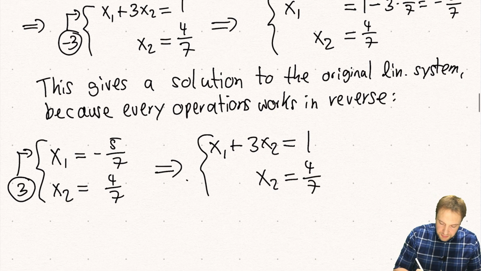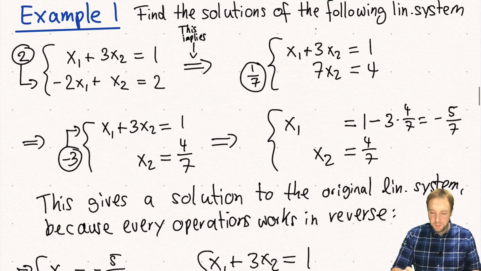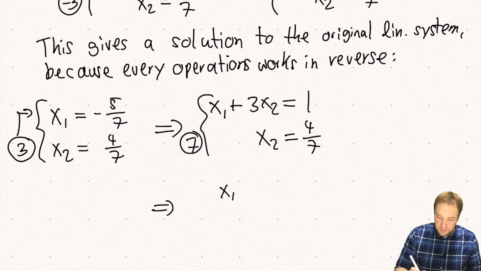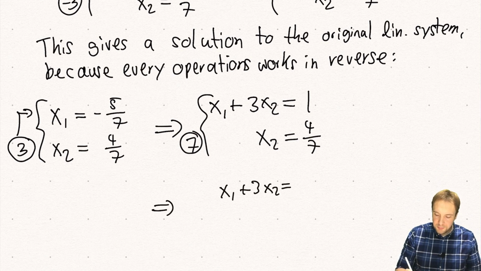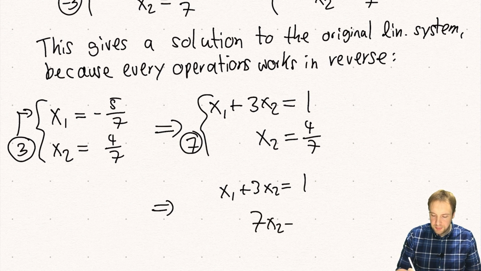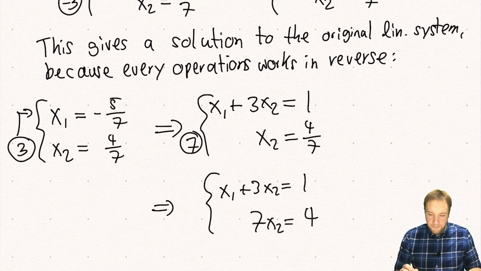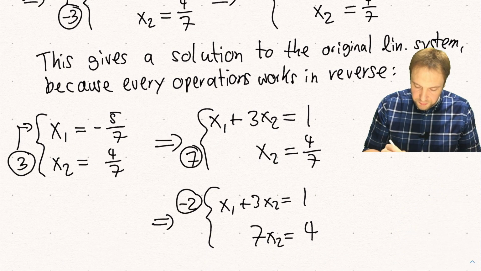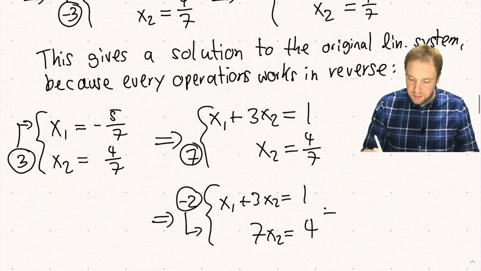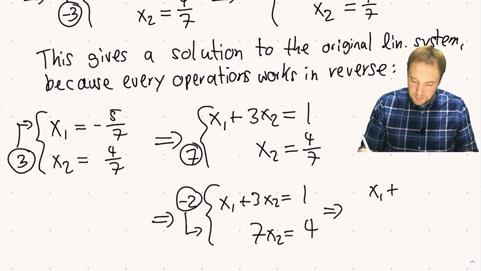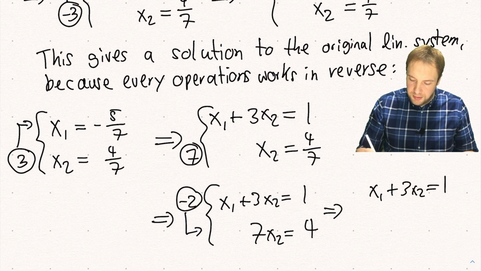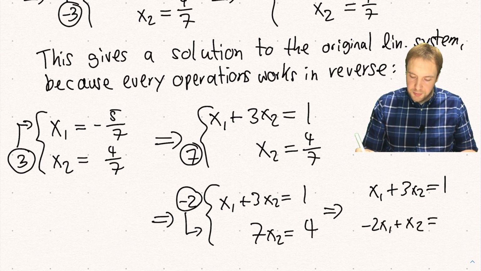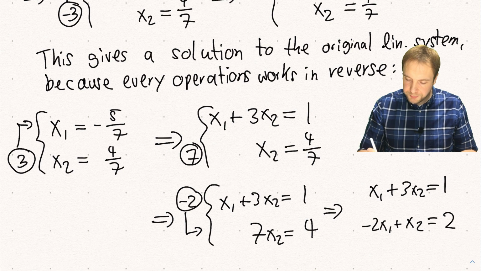And then we could multiply this with 7, which is the opposite of multiplying with 1 over 7. So this implies x1 plus 3x2 equals 1, and here it's 7 times x2 equals 4. And then we could subtract this first equation 2 times from this one, which then gives x1 plus 3x2 equals 1, and here minus 2x1 plus x2 equals 2.